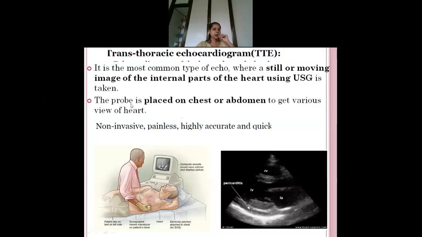So what they will do is, a probe is placed on the chest or abdomen to get the various views of the heart. Okay, and this is also non-invasive, painless, highly accurate and a very quick procedure.